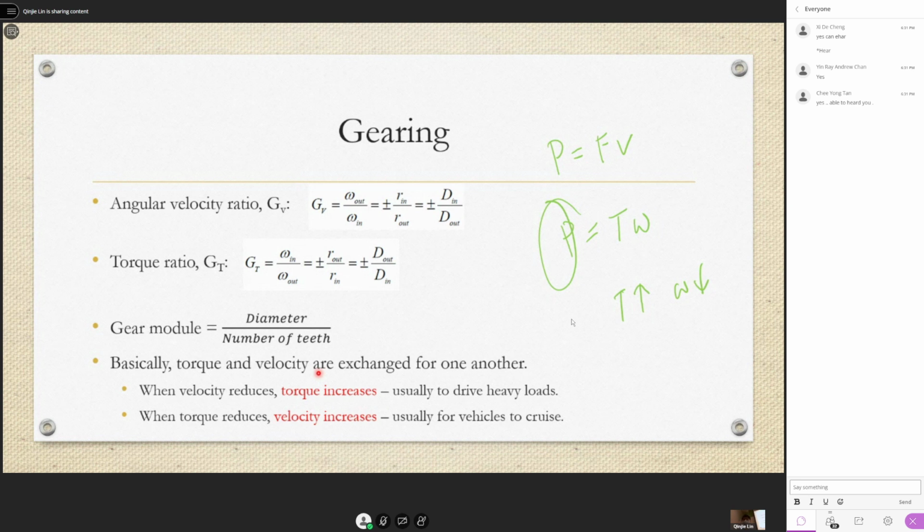You can't have the best of both, sadly, because power is limited. So this is how gears work. They transmit torque and angular velocity. Depending on what the angular velocity is, it will transmit a certain torque.